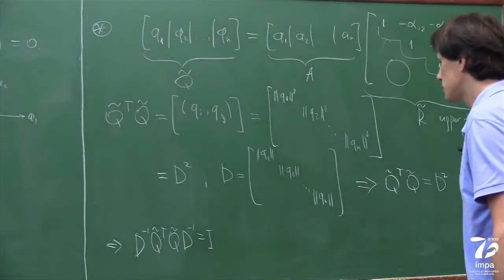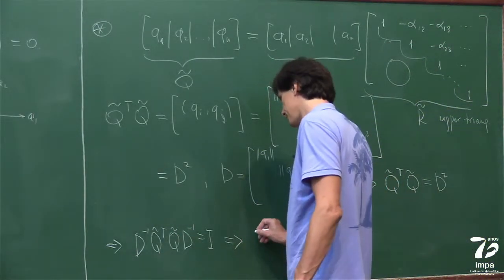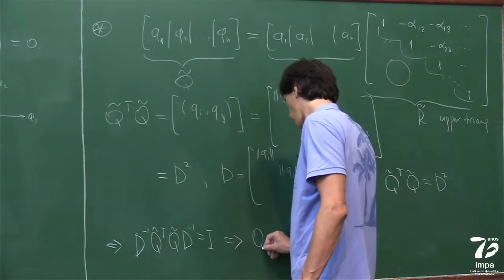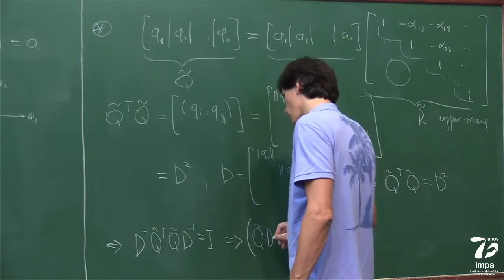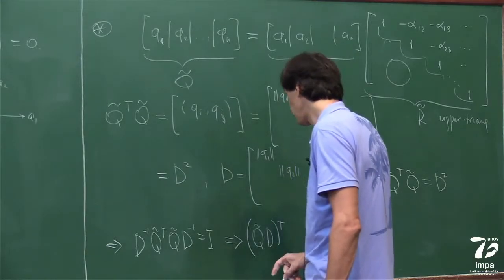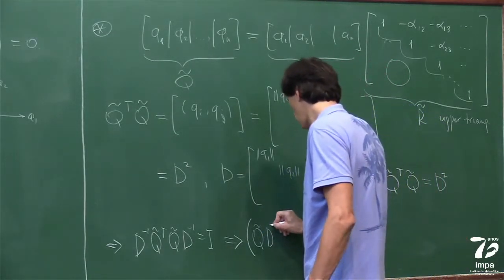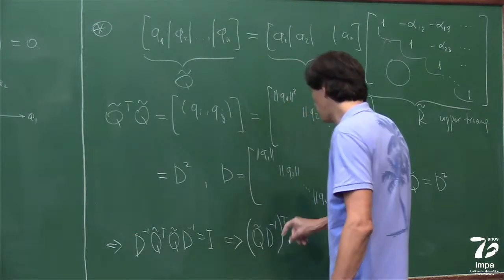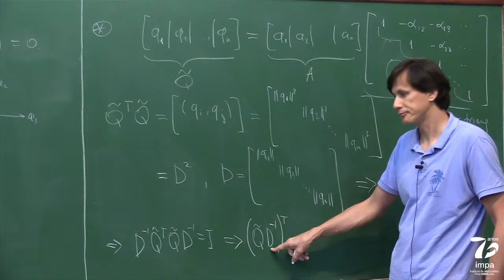Okay, and now let's write this part as the transpose of this product, taking into account D minus 1. Here you take into account that if you transpose D, it's the same D because it's diagonal.